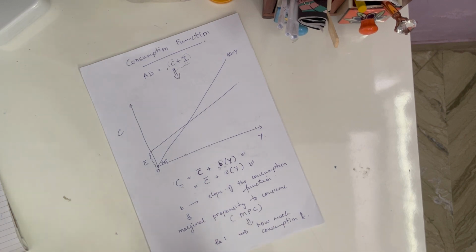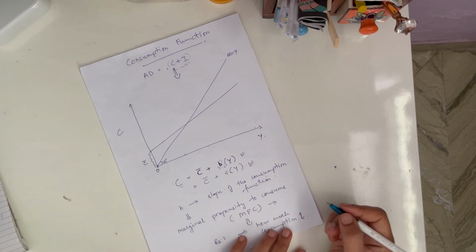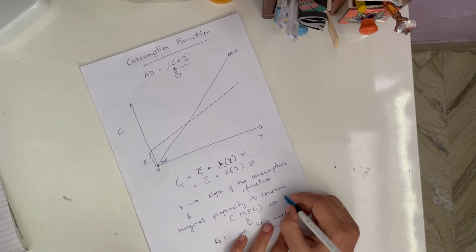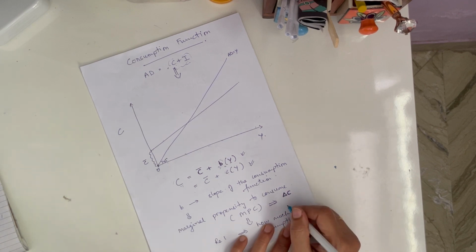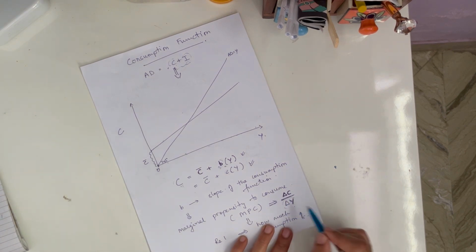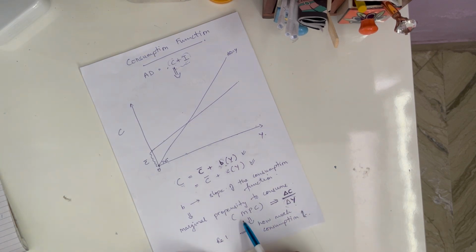Okay, that's your MPC. So it basically gives you the change. So your MPC is nothing but the change in consumption that you get by the change in income. So if your income increases by rupee 1, then by how much your consumption increases. That's what your MPC gives you.